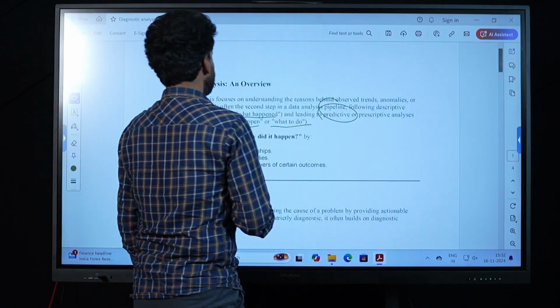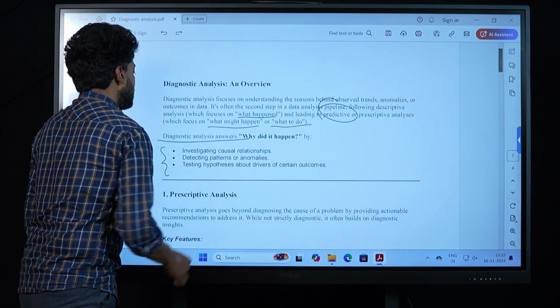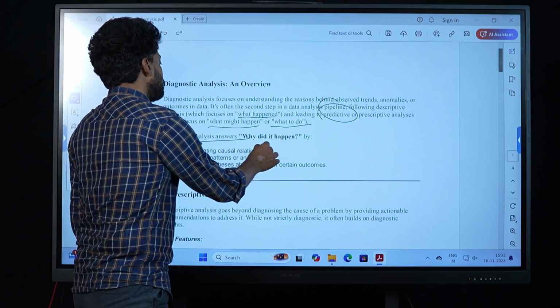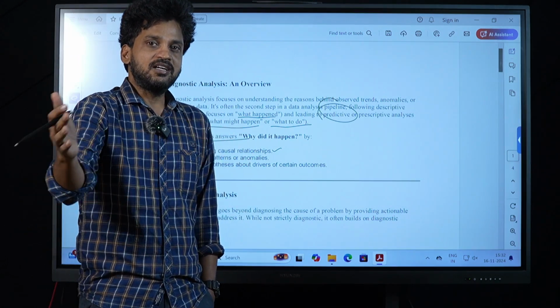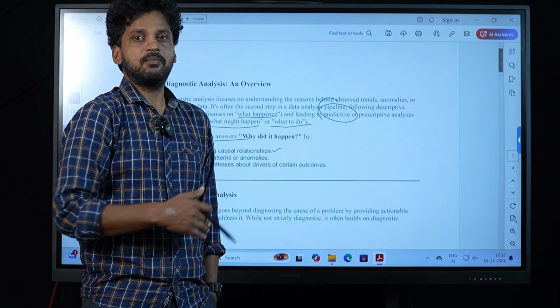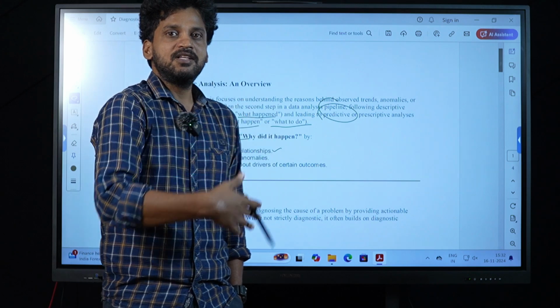Now when it comes to why did it happen, in diagnostic analysis we are going to talk about investigating causal relationships. There may be events in the past that are interrelated to each other. We are going to understand the relationship between the events.